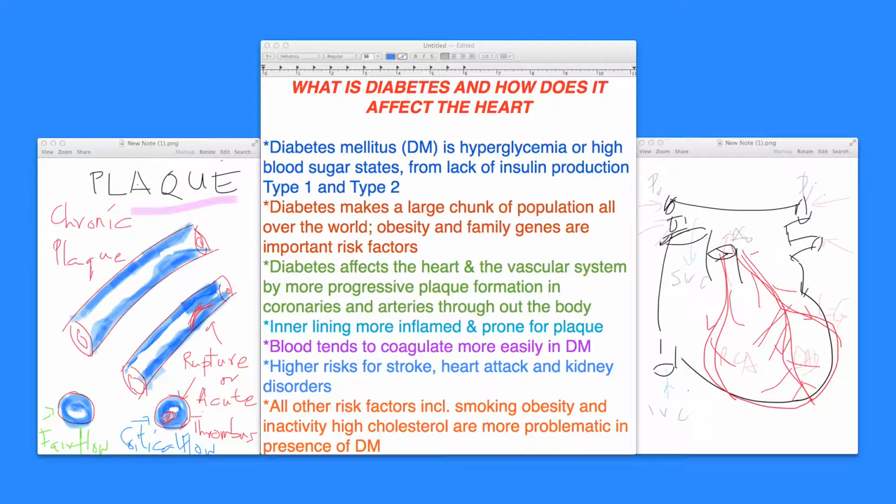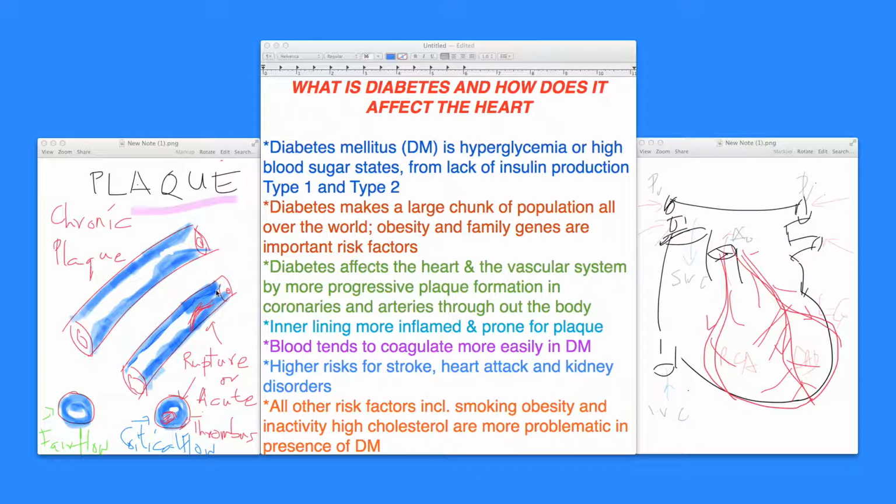Many times they present to the emergency room with vague symptoms of, again, tiredness or fatigue, and on EKG one can see it, many times only detected after years or months if it's a small silent heart attack. So the point I'm making is the symptoms are less prominent in diabetic patients as opposed to non-diabetic patients. The inner lining of the arteries makes diabetic patients more prone to plaque formation.